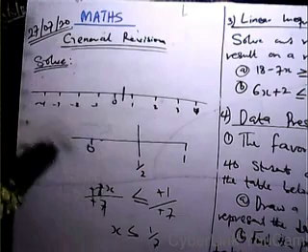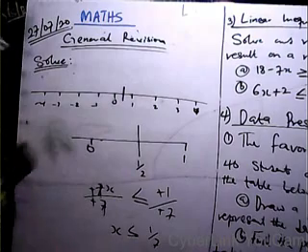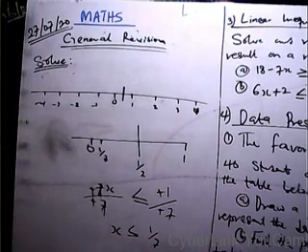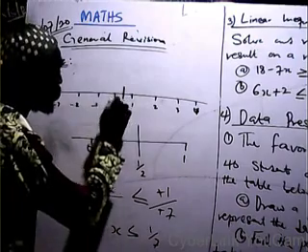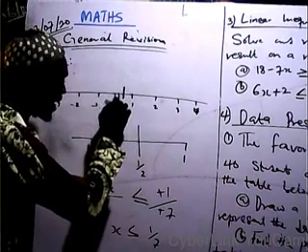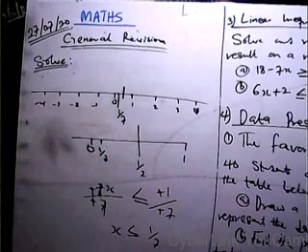Your 1/7 will be much closer to 0 than 1. So your location of 1/7 will be around this place, the nearest place to your 0. I want to believe that one will be clear like that.